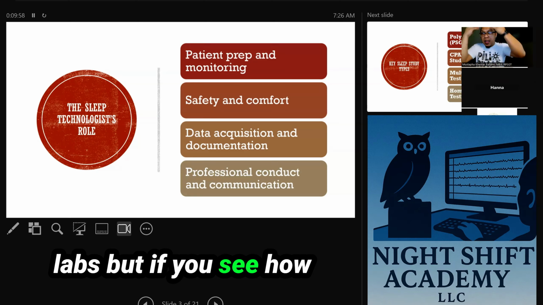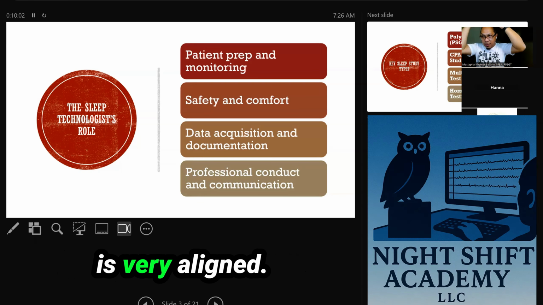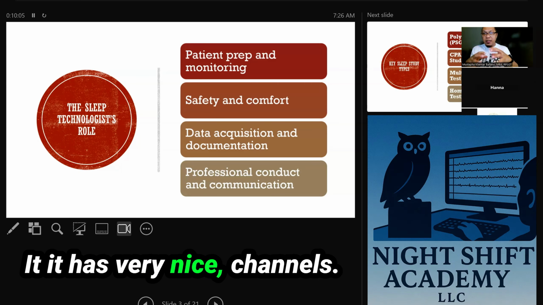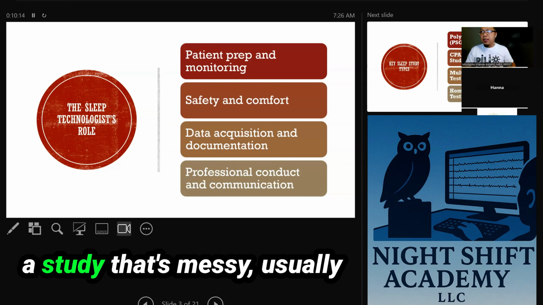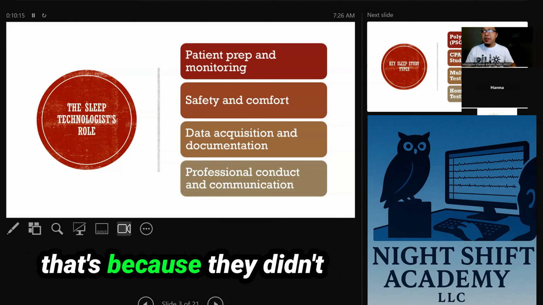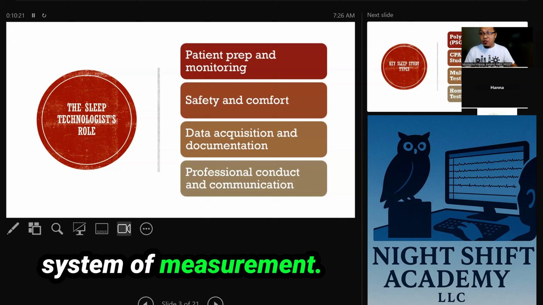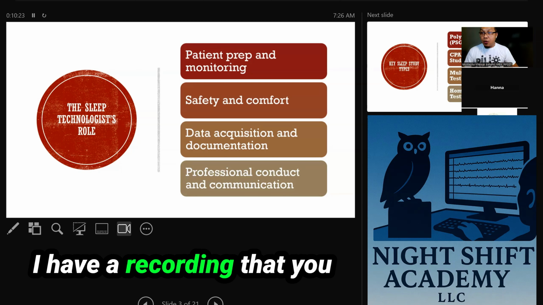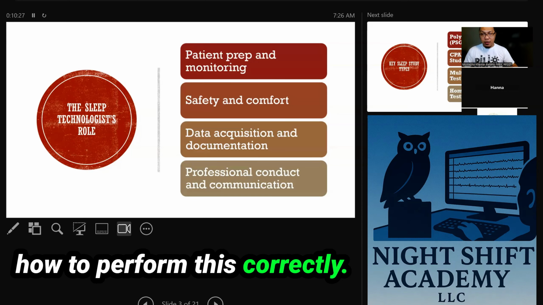But if you see, the hookup usually for a polysomnogram is very aligned, it has very nice channels. If you see a study that's messy, usually that's because they didn't follow the International System of Measurement. I have a recording that you will all be able to access on how to perform this correctly.